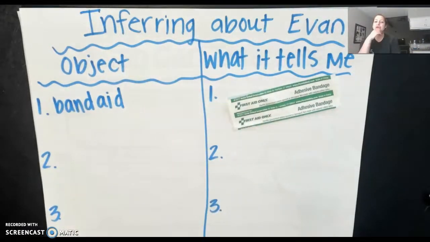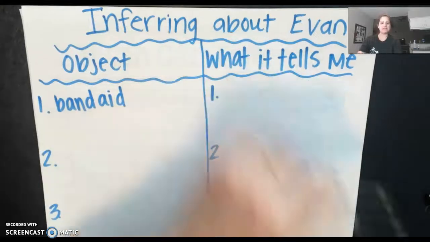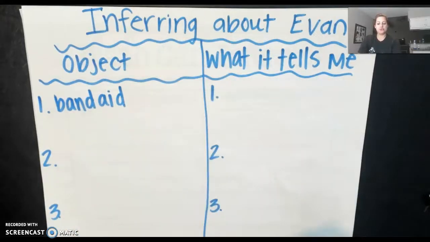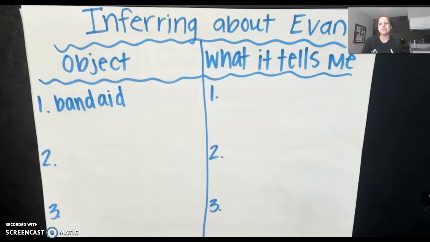So I know that Band-Aids are used to put over a cut or a scrape when you're bleeding. When you guys come in from recess sometimes, you might have fallen and scraped your knee. We put a Band-Aid on. So my schema is that Band-Aids are used when you get a cut.